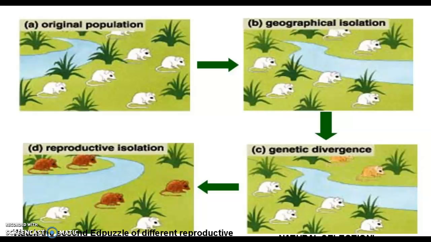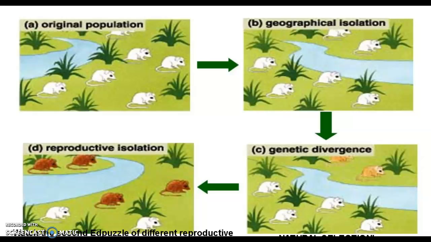For example, if some mice are out during the daytime and some are at nighttime, then it's not very likely that two types of mice would get together and interbreed, and that could lead to a buildup of genetic differences. So if you were to bring the two mice together and try to get them to interbreed and produce offspring, they weren't able to. So even though this happens in the same area, they're active at different times of day.